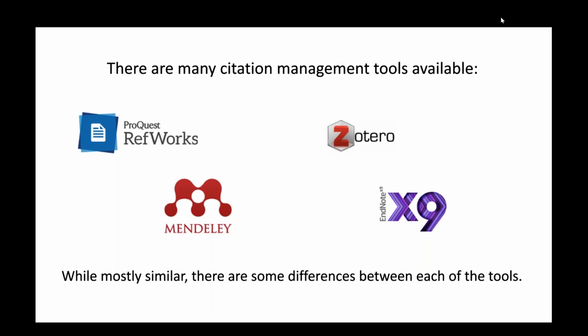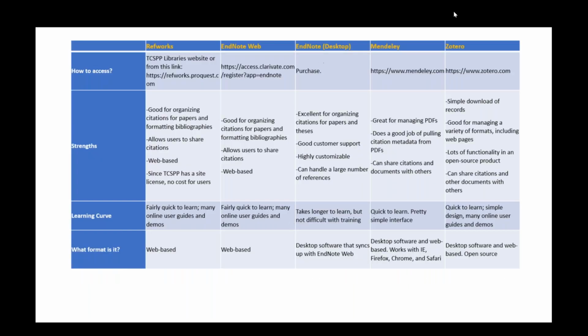We don't have a subscription to EndNote through the library or the Chicago School, so that would be something you would decide whether you wanted to do. I think the paid version has some additional features that the free version does not have. So we'll go over some of the differences between the different tools.